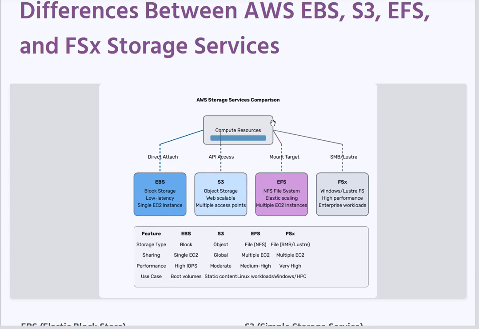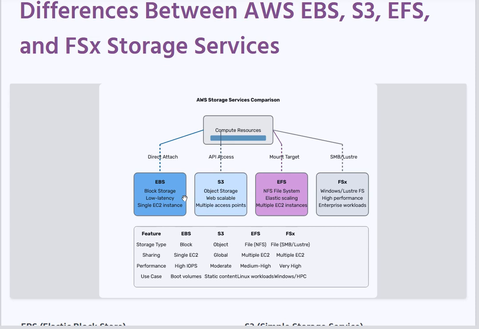So let's have a look. What can we do with each one? The first one is EBS. EBS is for an EC2 instance, so it can be directly attached to the computer resource. It acts as block storage, low latency.